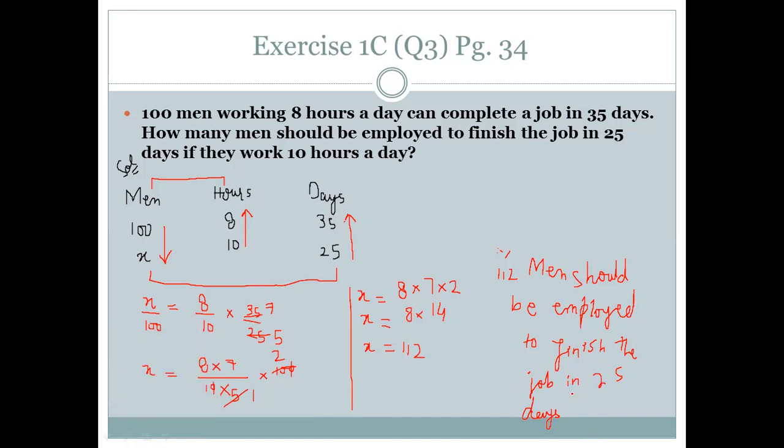In brackets, you may write 25 days, 10 hours a day. The most correct solution for this question is 112. Not 175, not 89. So I hope this question is clear to you all.